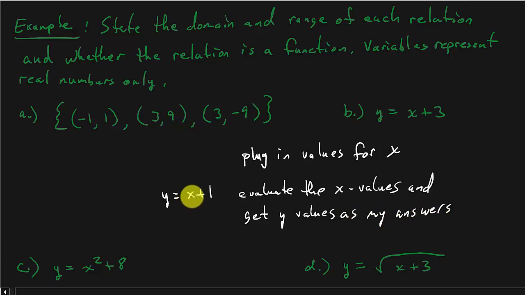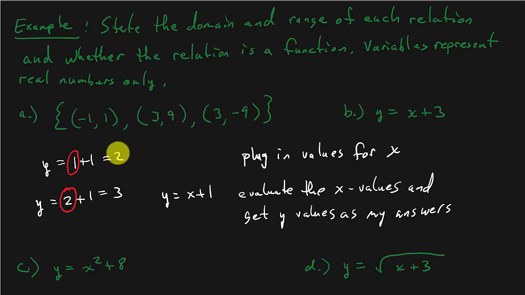So we plug a number in. Say we plug 1 in for x, y equals 1 plus 1, which is 2. Or I can plug in 2 for x, so 2 plus 1 equals 3. The numbers that I'm plugging in, that's part of my domain. That's the numbers I plug in for x.